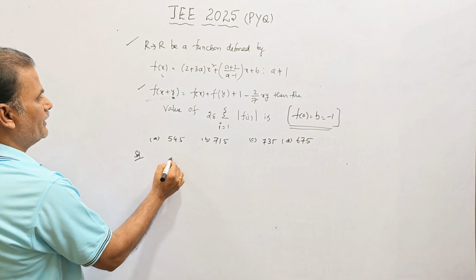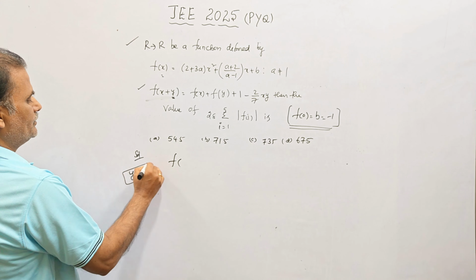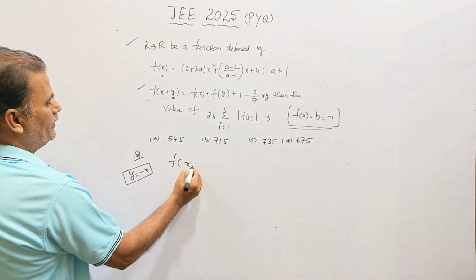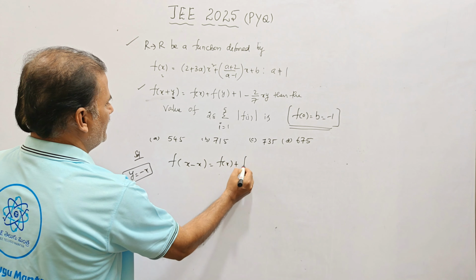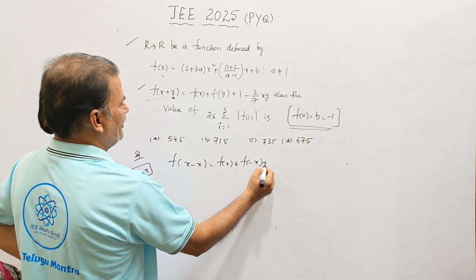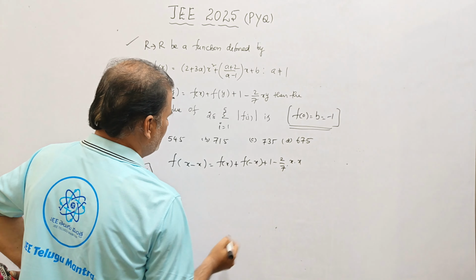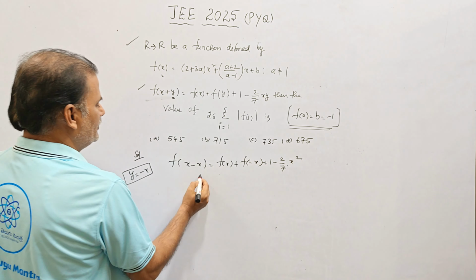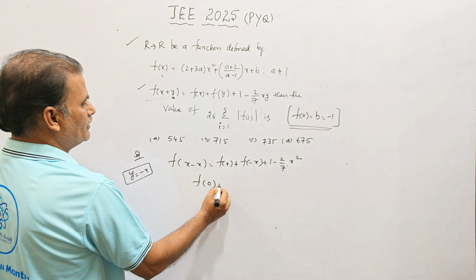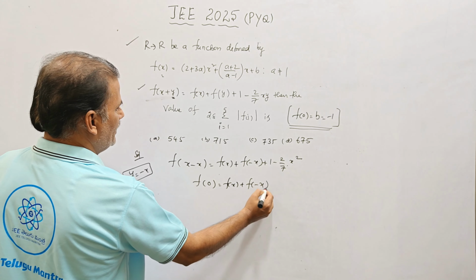Then substitute here, if y is equal to minus x, f(x minus x) is equal to f(x) plus f(minus x) plus 1 minus 2 by 7 into x into minus x.